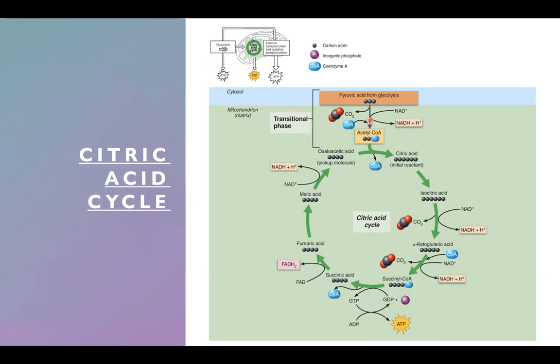It's oxidizing the pyruvic acid and turning it into acetyl-CoA, which will then enter the citric acid cycle. In this transitional phase, we're forming carbon dioxide as a waste product, and we're forming another NADH, which is again our high energy electrons being transferred in the form of NADH.